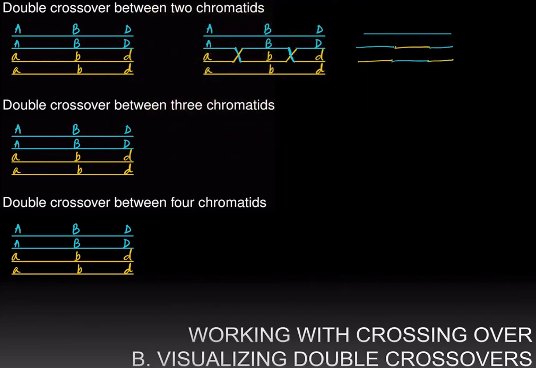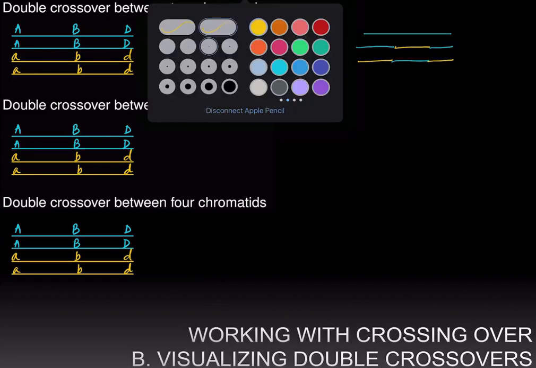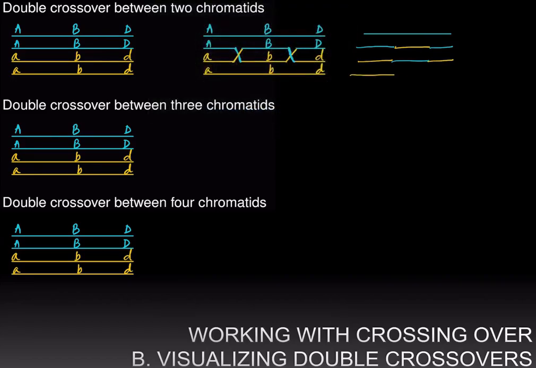So here we have the pair of non-sister chromatids that underwent crossover. And now we can write down the genotypes.